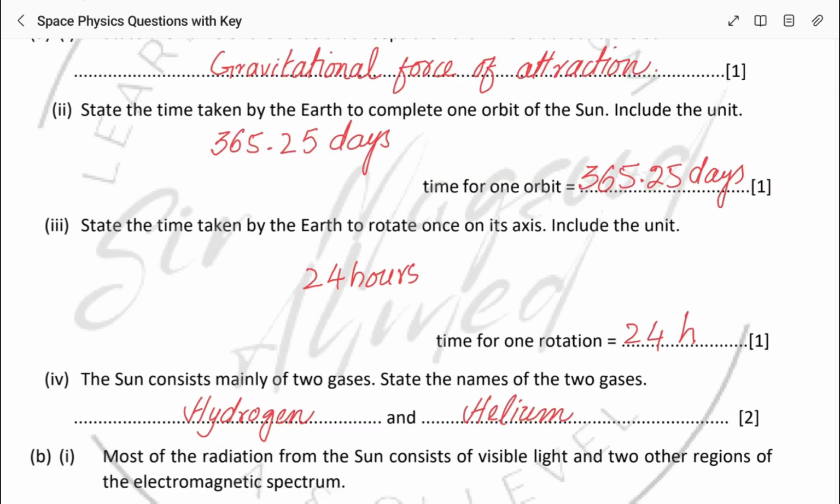The third part, state the time taken by the earth to rotate once on its axis, include the unit. As we know, our earth completes its rotation about its axis in 1 day, and 1 day has 24 hours. So the earth completes its rotation on its axis in 24 hours.